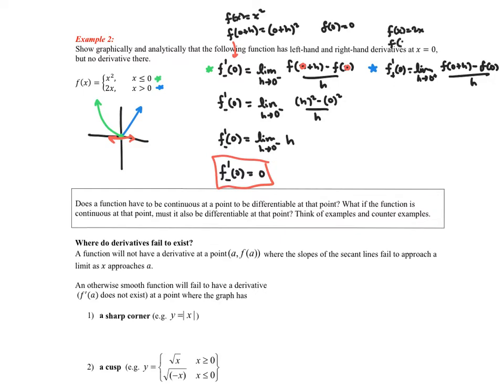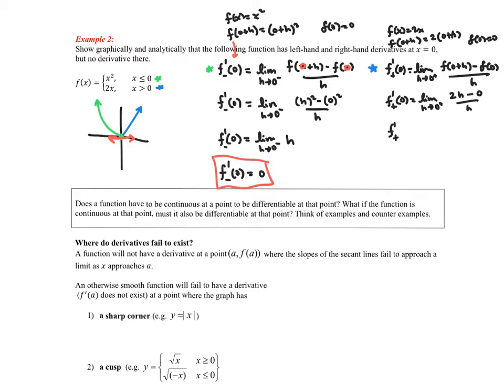So f of 0 plus h would equal 2 times 0 plus h. And f of 0 will equal 0. Therefore, the slope of the function coming from the right will be the limit as h approaches 0 from the right of 2 times 0 plus h, which is 2h, minus 0 over h.